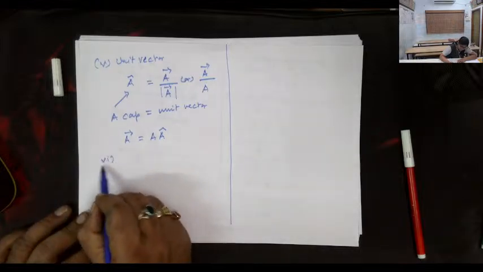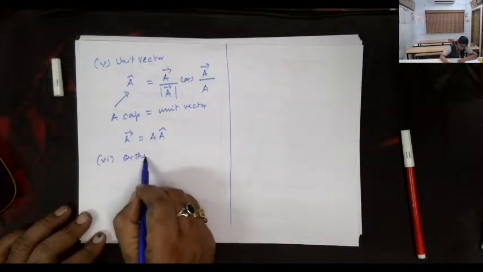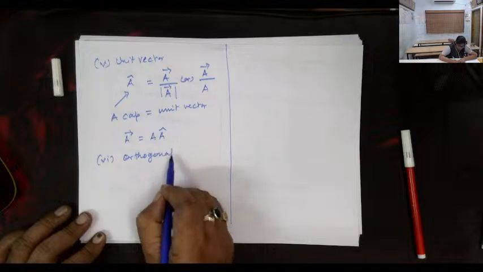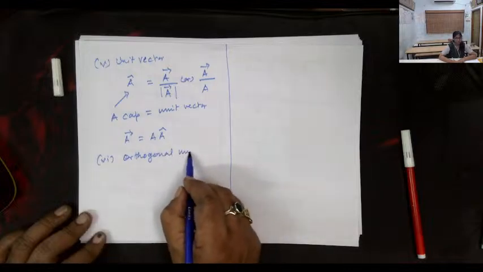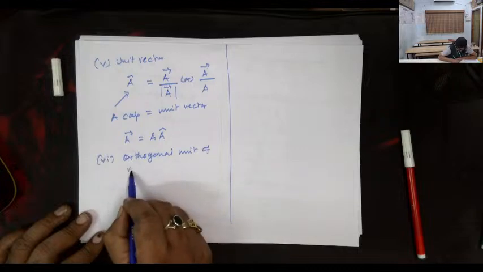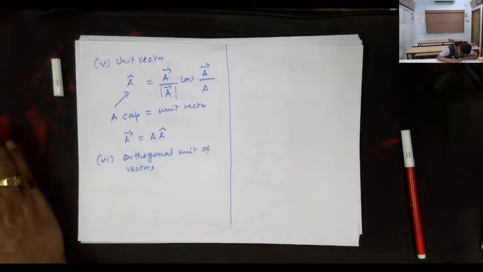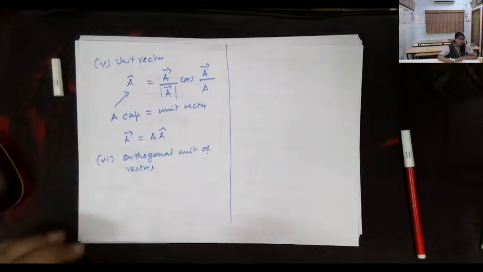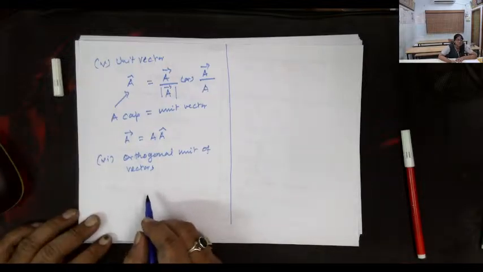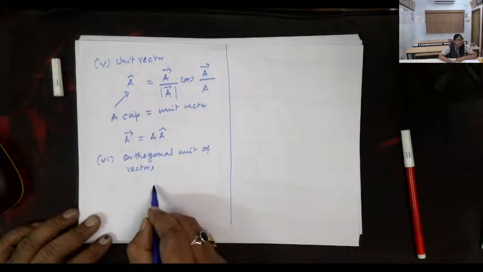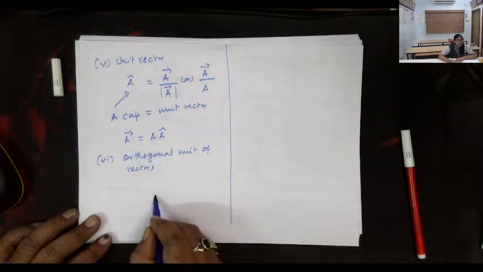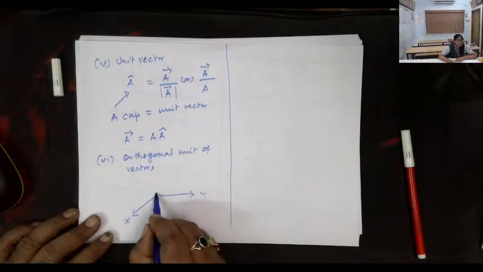Then orthogonal unit vectors. They are represented by I, J, K in the respective axis. For example, this is the origin O, this is x-axis, this is y-axis, this one is z-axis.